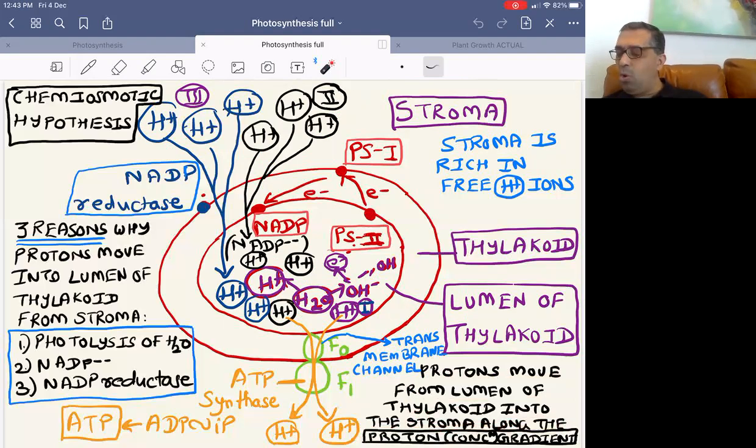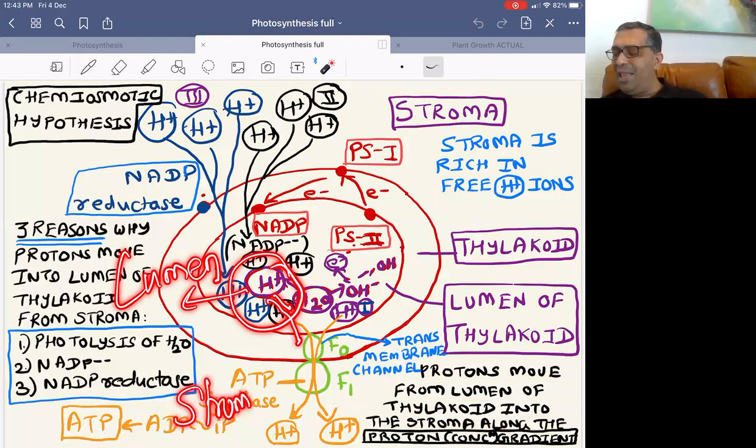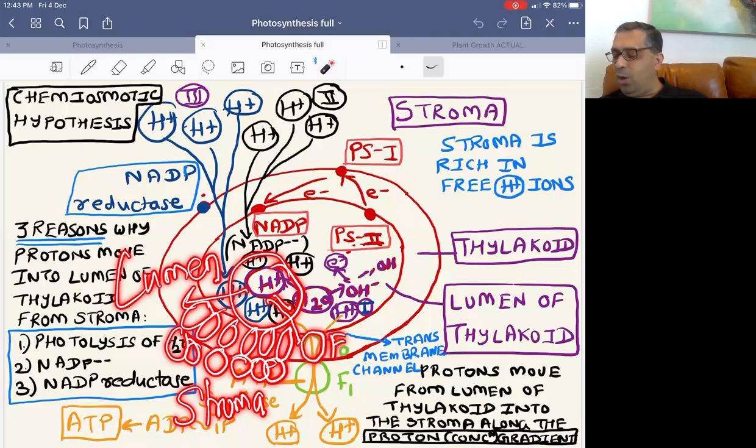And as protons pass from the lumen back into the stroma, where will they pass? If you remember, the entire membrane has in it F0, F1, F0, F1. So this is your F0 and this is your F1, and F0 is the transmembranous channel.